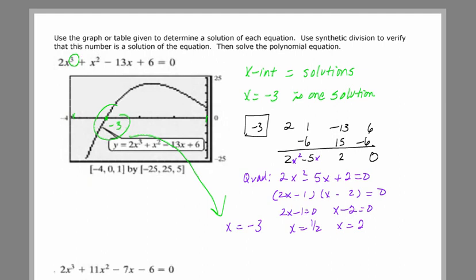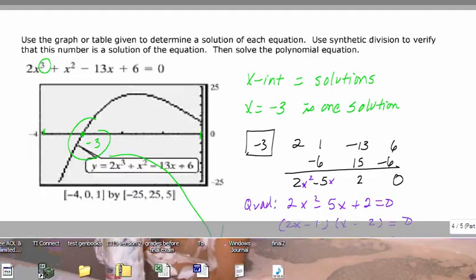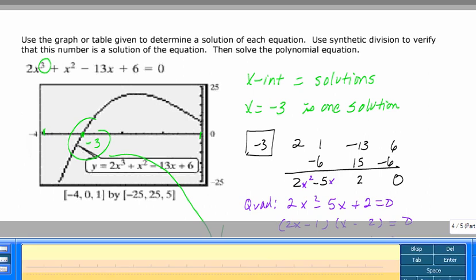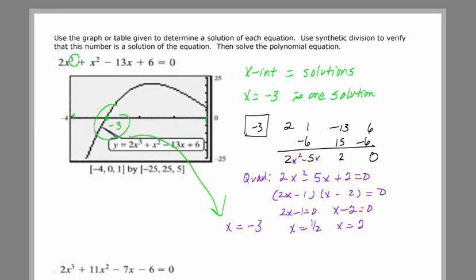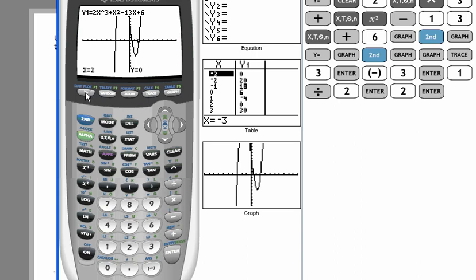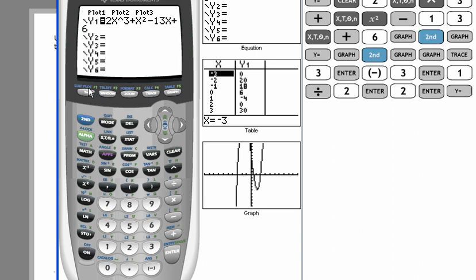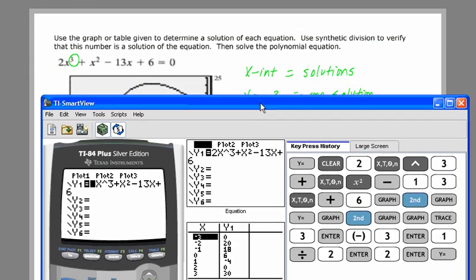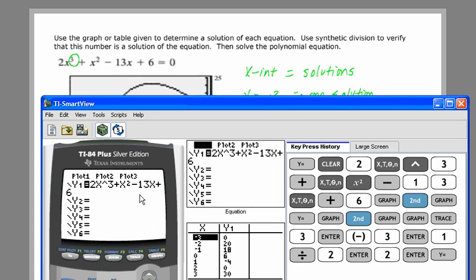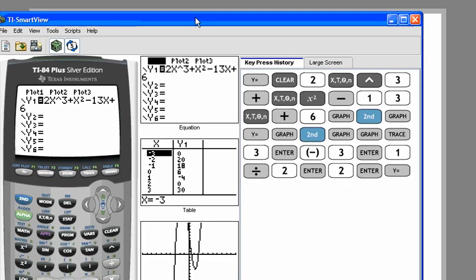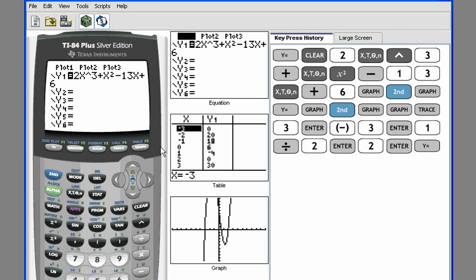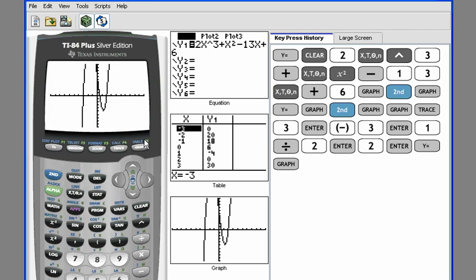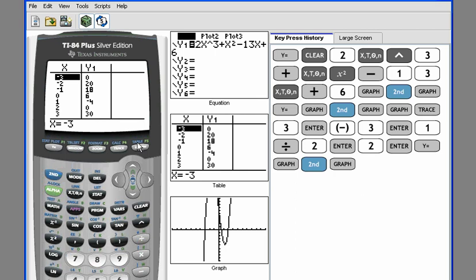Now let's go to our calculator and validate that those are actually some solutions. So typing in that equation, 2x cubed plus x squared minus 13x plus 6. And make sure that I've got it in there correctly. Yep. Get the graph feature. Hit the second graph to get the table feature, and look at your table.